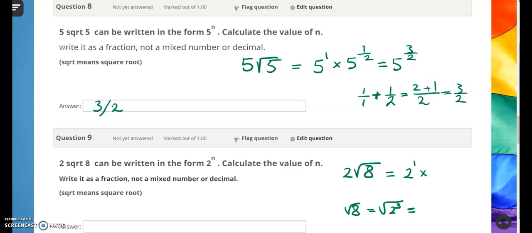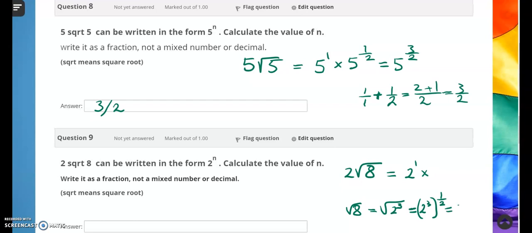And square rooting a number means that we raise it to the power of half. So this is going to be written as 2 to the power of 3, all to the power of half, which is also the same as 2 to the power of 3 over 2, because we multiply the powers, 3 lots of 1 over 2, or 3 lots of halves, 3 halves.